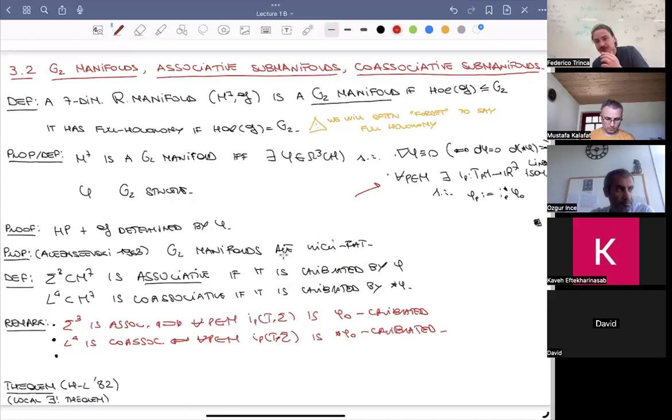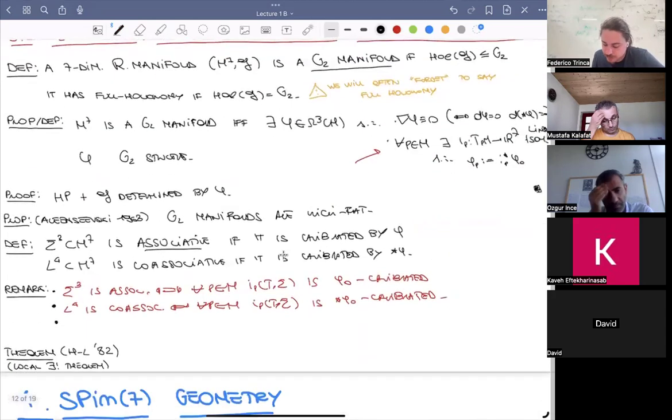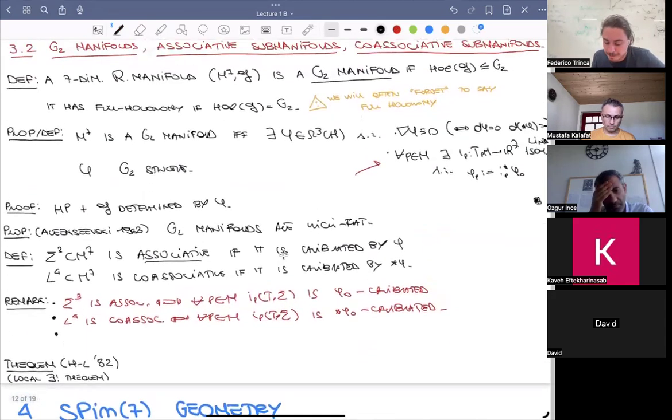So hopefully all the names now make sense. In particular, another consequence of this fact is that the proposition above holds true for associative and co-associative submanifolds as well.